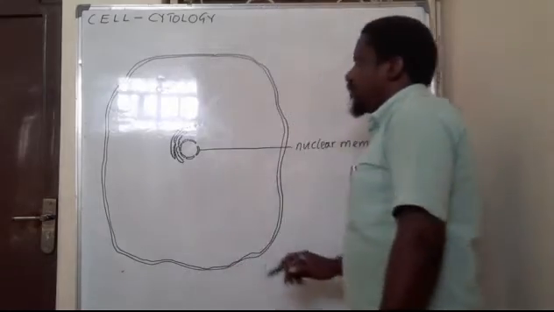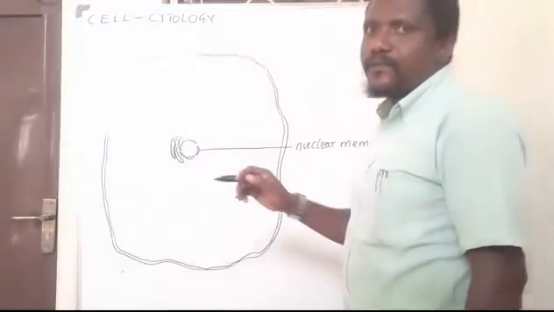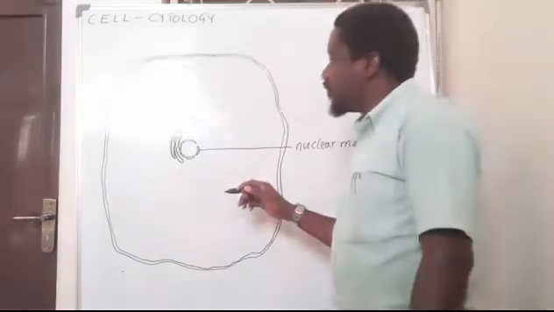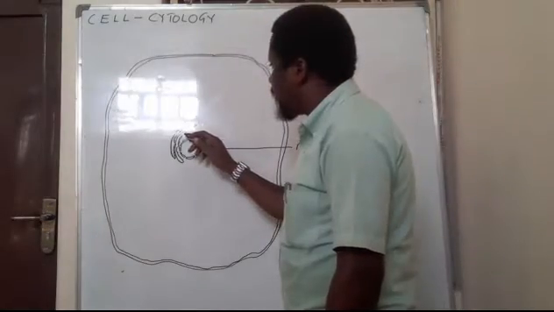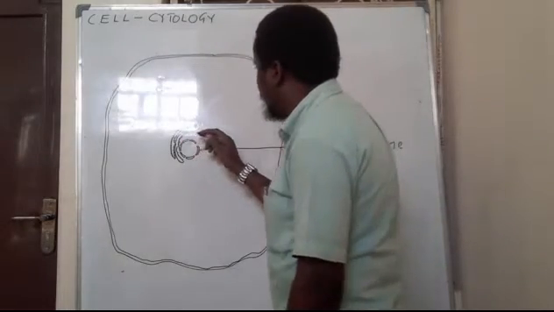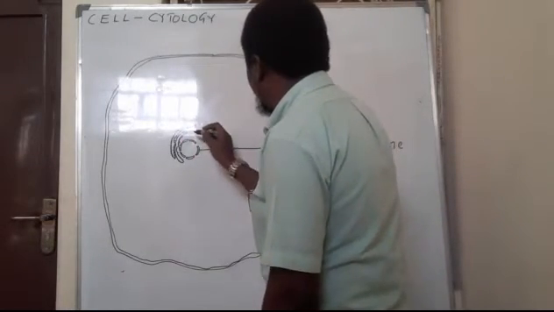For this reason, we call it rough endoplasmic reticulum, because there are ribosomes attached to it.